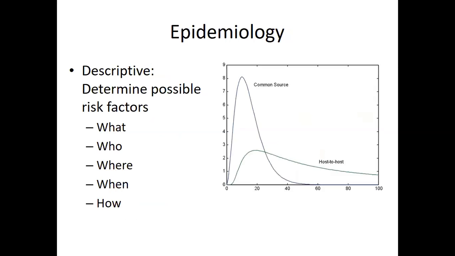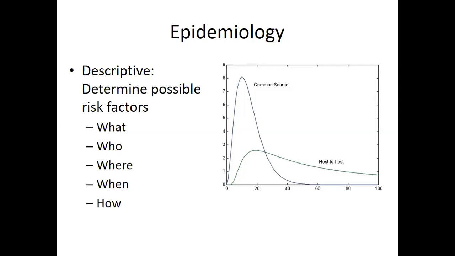So let's talk about this investigation. The first thing you typically do in investigation is something called a descriptive study. The best way to describe this is the who, what, where, why, when, how, right? They are just looking and trying to identify anything they might feel is a risk factor for whatever disease or pathogen they're looking at.